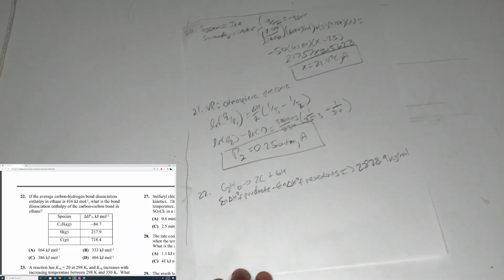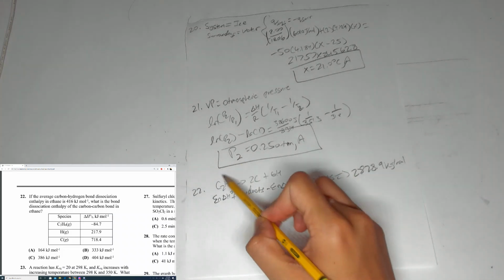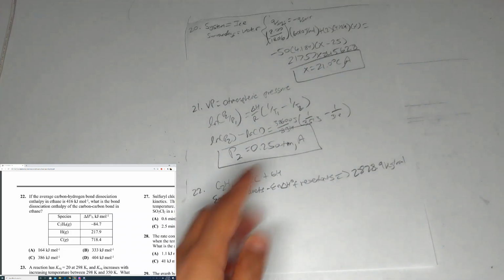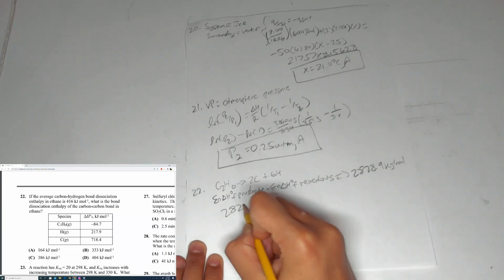Now, the sum of the bond energies or enthalpy will equal this, because you have to break this compound into its individual elements. So with this realization, you can use some algebra.